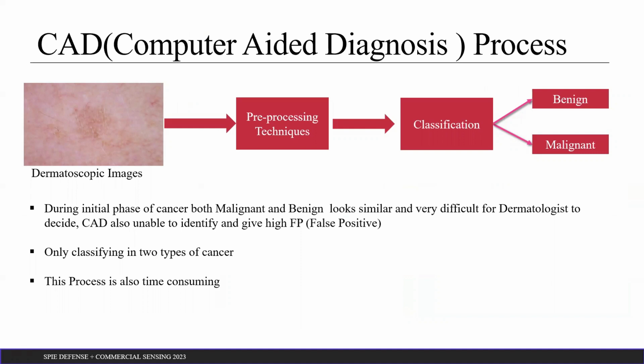In the case of global class classification also, the system currently being used in hospitals all over the world is CAD, computer aided diagnosis. In that, most places are only classifying between two classes, benign and malignant, but there are more classes of skin cancer.